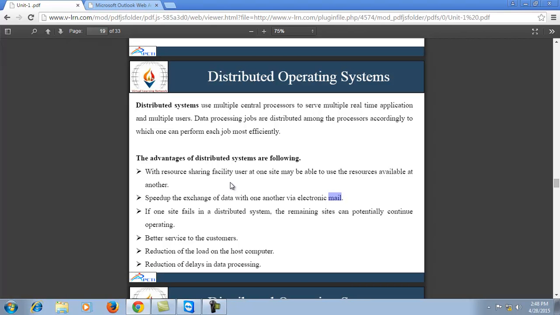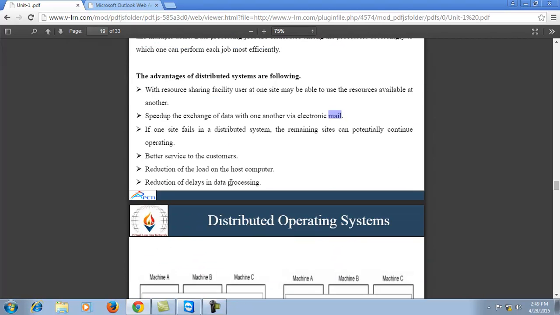But in a distributed operating system, this kind of problem will not occur because it has a number of operating systems at a number of locations. Then if one system gets slow, the others will contribute by sharing its load of executing the process.